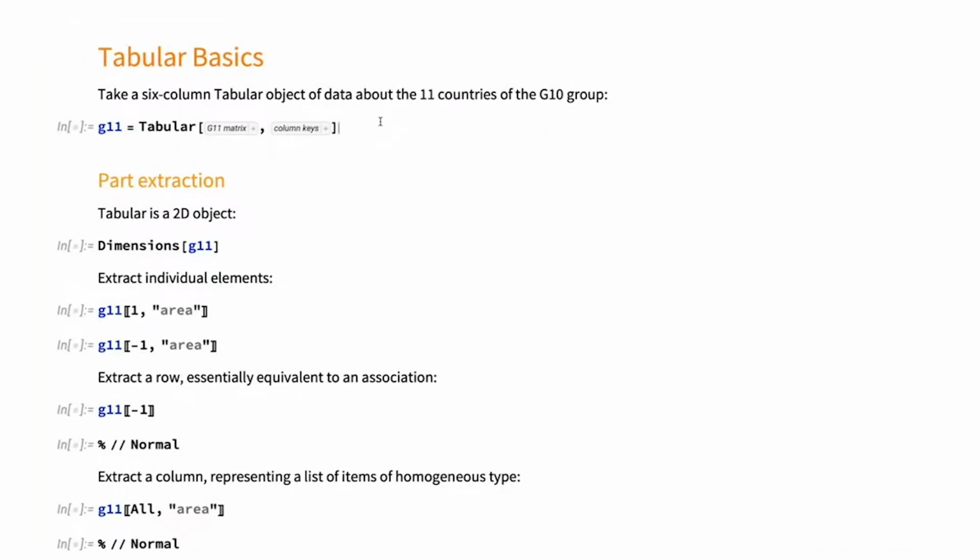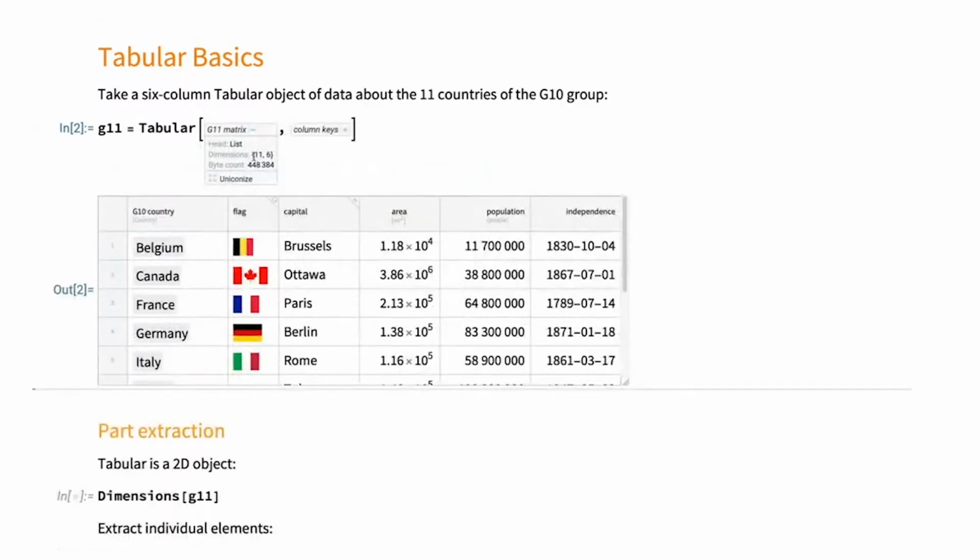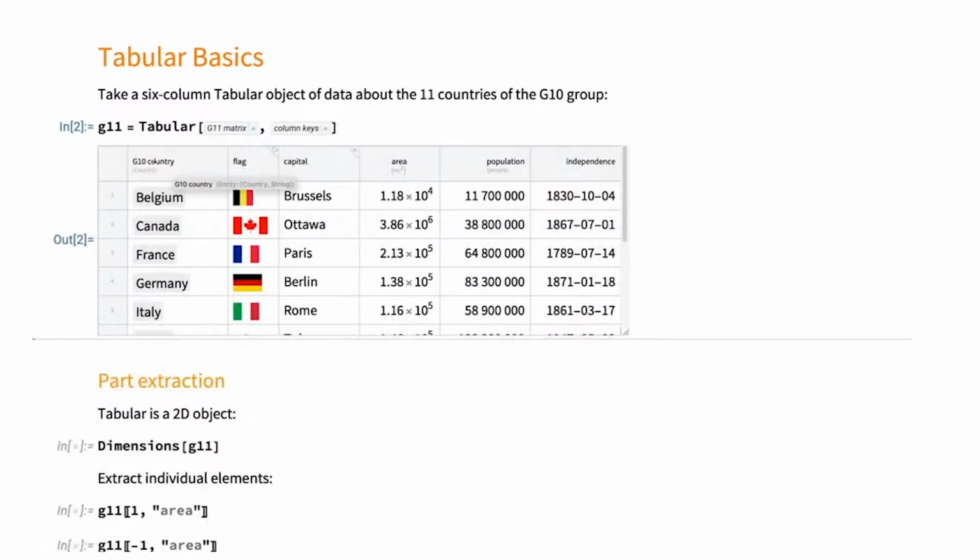So again, let's construct a Tabular. Now it's going to be a little bit bigger. So here I have data about the G10 countries, which are actually 11. And we have this matrix of 11 rows and 6 columns. And we have the column keys, which are these 6 column keys. So this is the Tabular we have, right? And you see again how we have different types.